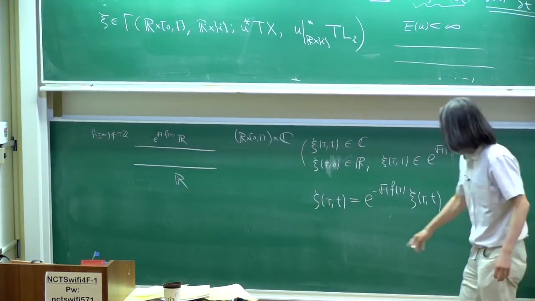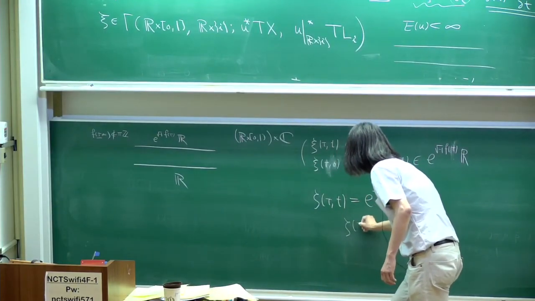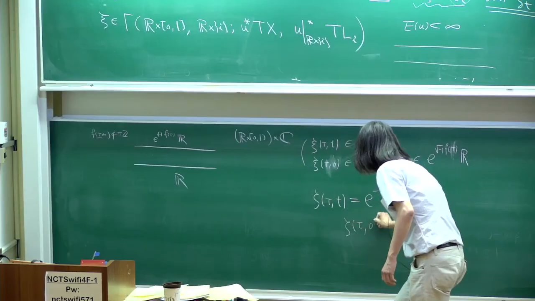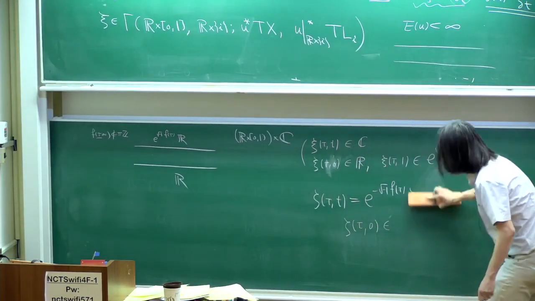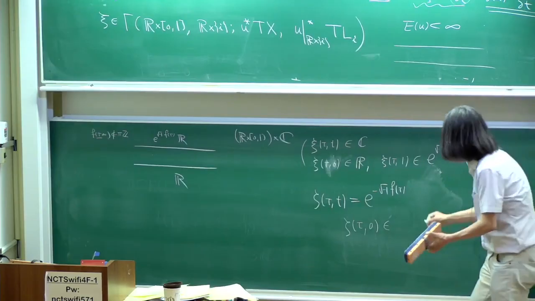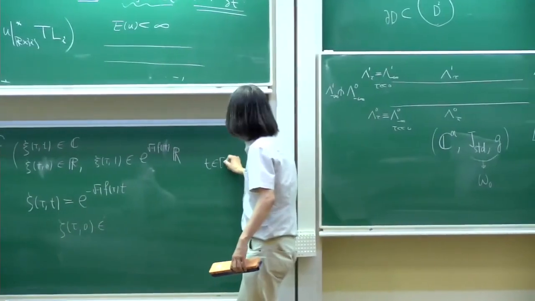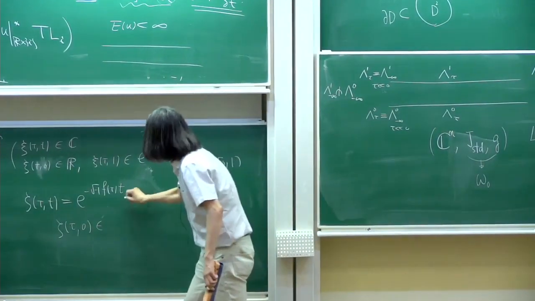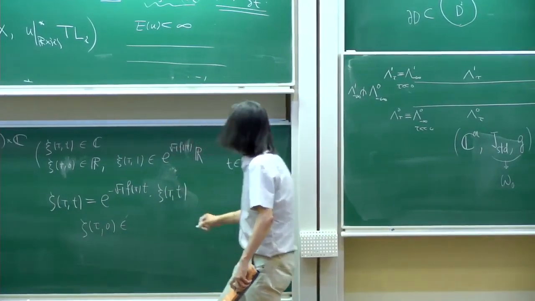Then this thing now has the following property. So psi of tau of 0 is certainly, sorry, I forgot to put t here. So I have to put t here. T is in 0, 1 of this psi of tau t.